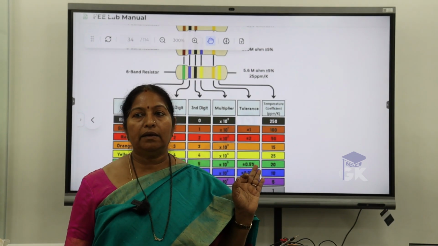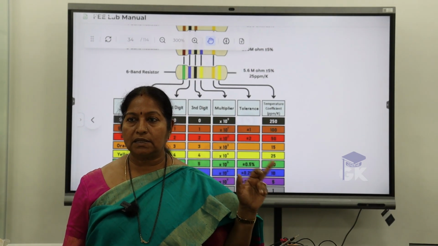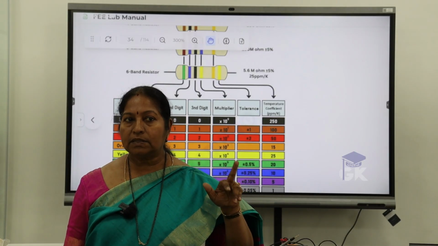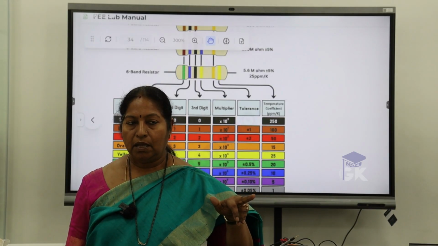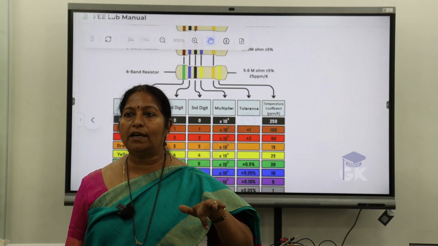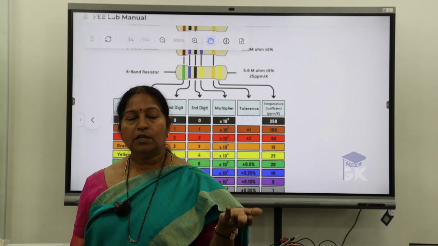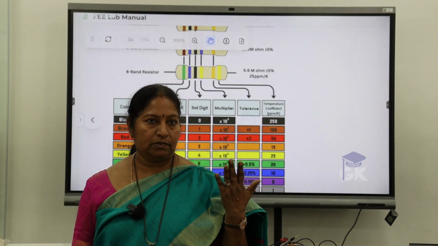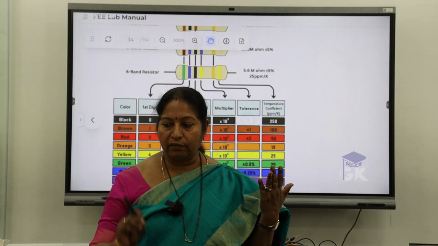Here we have the value 170 into 10 to the power of 7. That means we can make it 1700 into 10 to the power of 6, which is nothing but 1700 mega ohms. Got it? Write down the value.